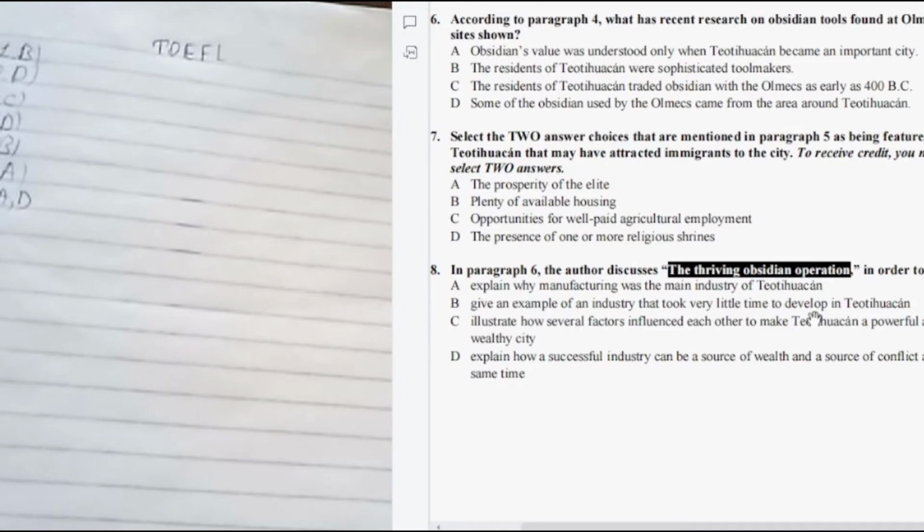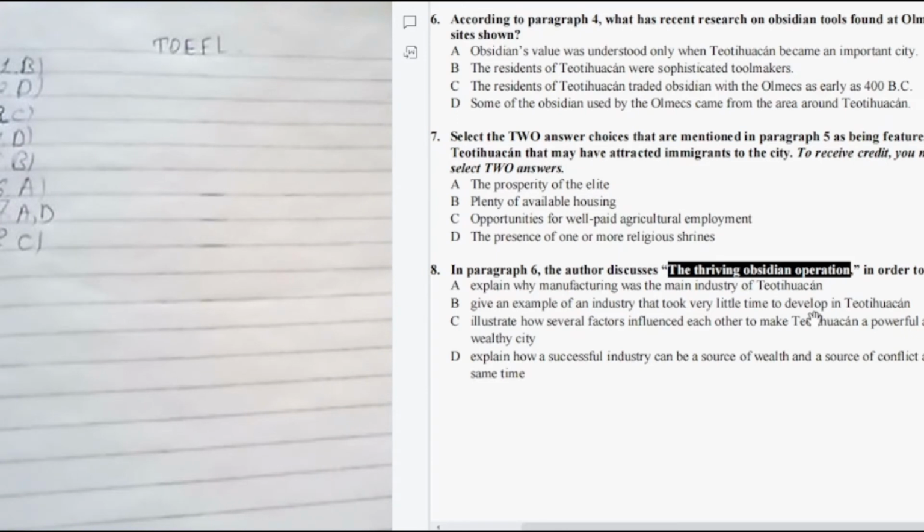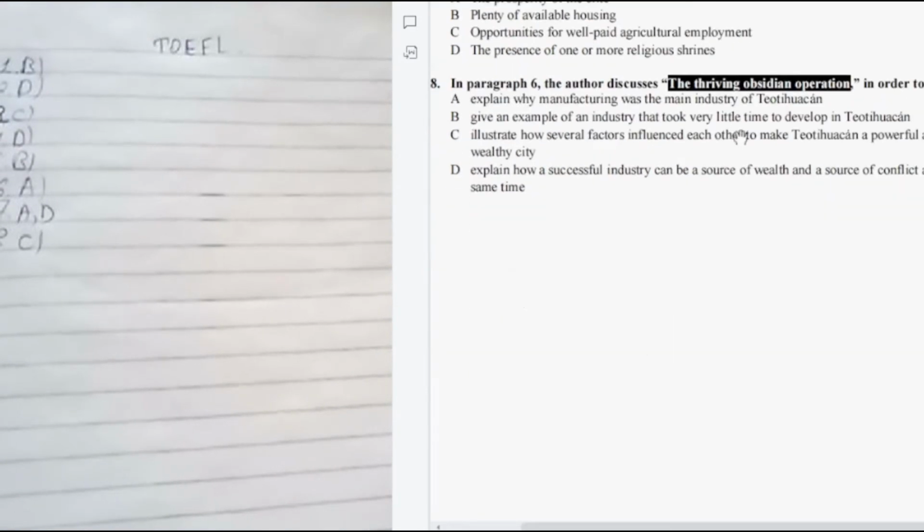Explain why manufacturing was the main industry of Teotihuacan. Thriving obsidian operation. Give an example of an industry that took very little time to develop. Illustrate how several factors influence each other to make. Okay, I think that it is C, but I'm not sure.